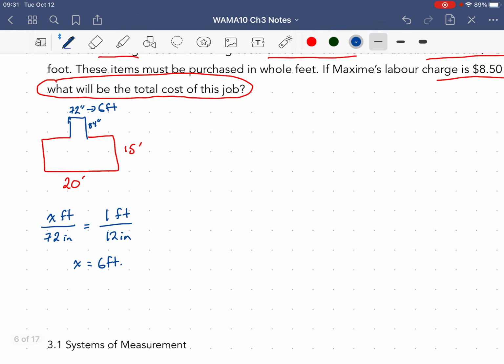Now I can do the same thing with 84 inches. How many feet are there in 84 inches? If 1 foot has 12 inches, that's just going to be 84 times 1 is 84 divided by 12 is equal to 7 feet. Okay, so 7 feet.